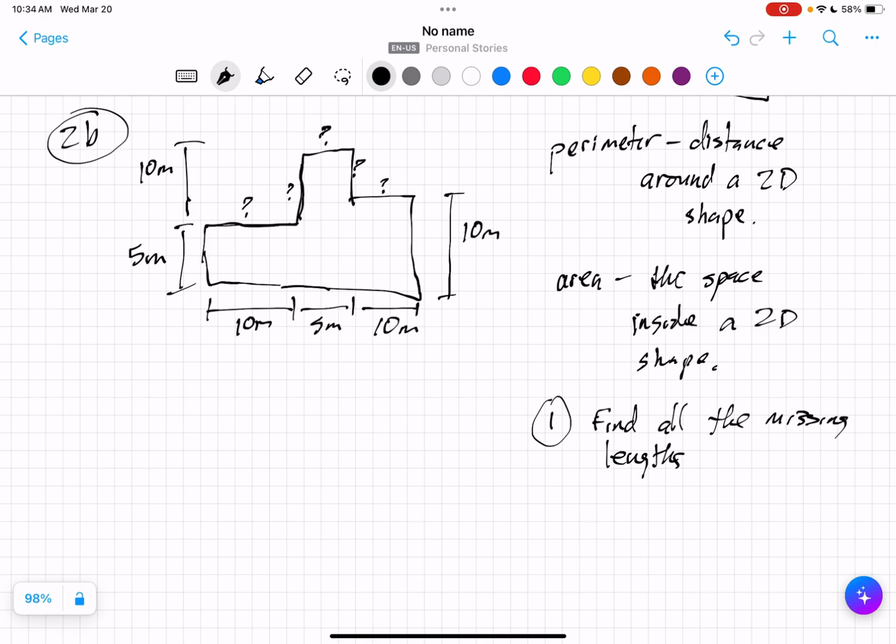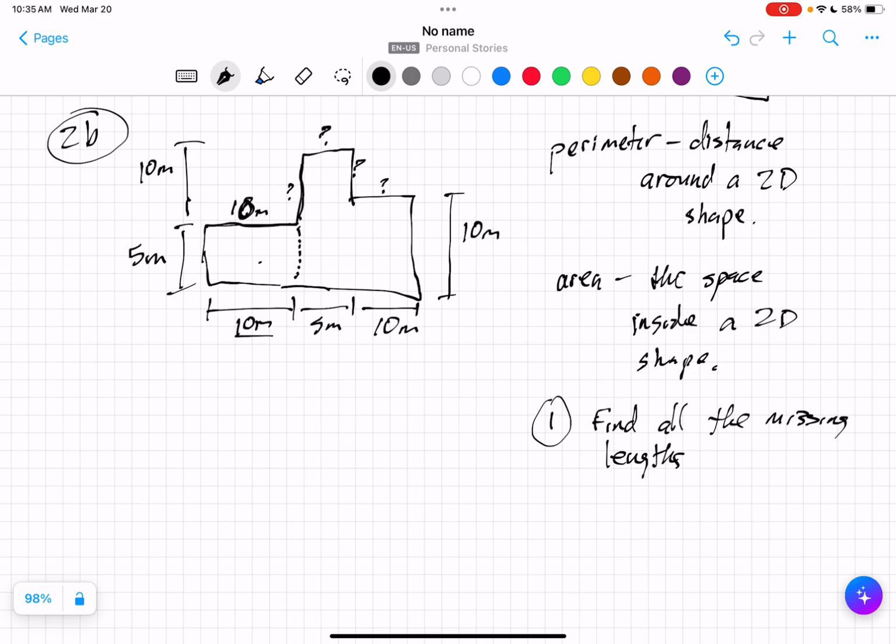So when we see this, we have to identify what are the missing sides or lengths. Well, they give us this 10 down here, so we're going to go ahead and go all the way up. And notice in this shape here, we have kind of a rectangle, right? So with that, I know that the missing length above it must also be 10.